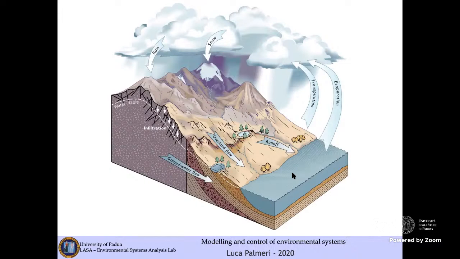This means that we may have a pollution event in some place on the surface, and then we may see the effect of this pollution event in the surface water bodies even some decades or centuries after the event itself.